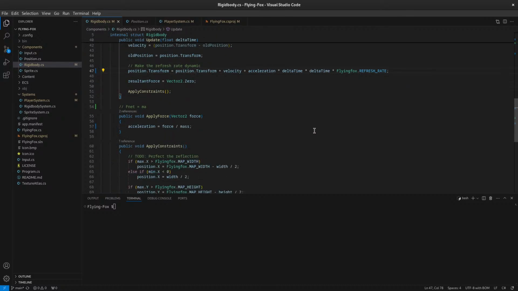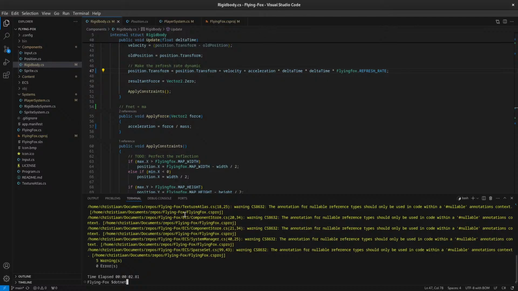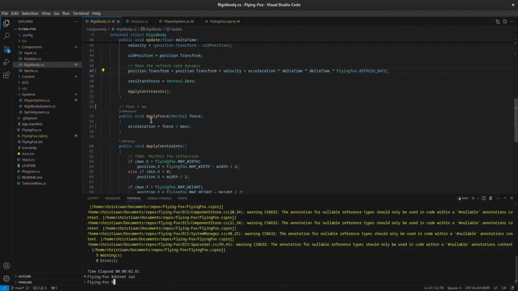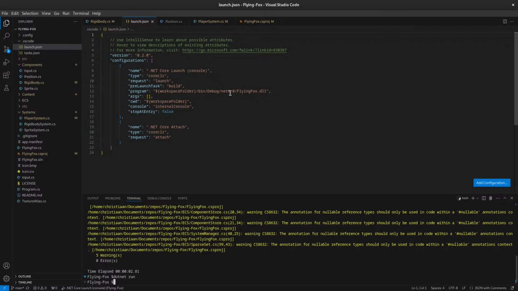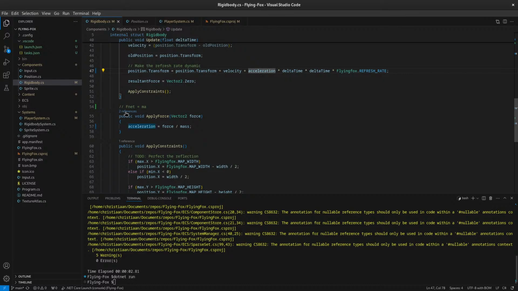Now we have mass, so we can run this code. And it falls quickly. Now we can go back.